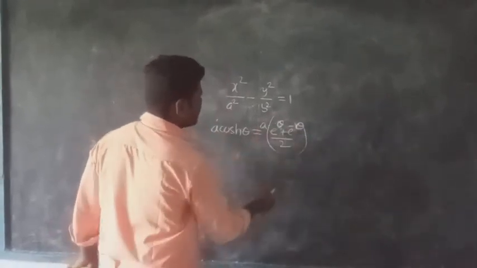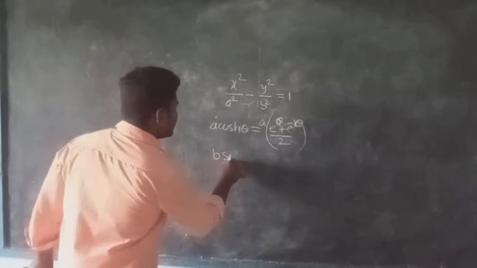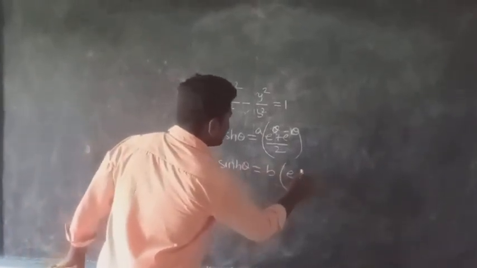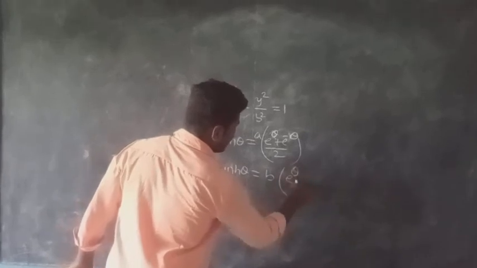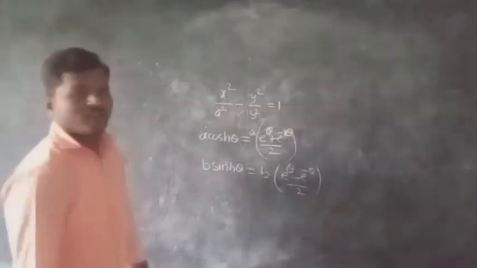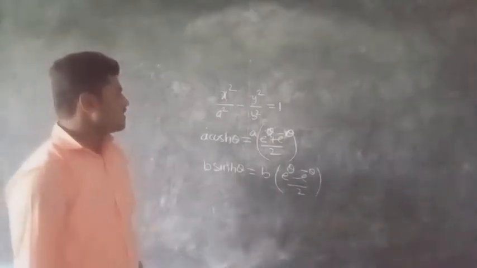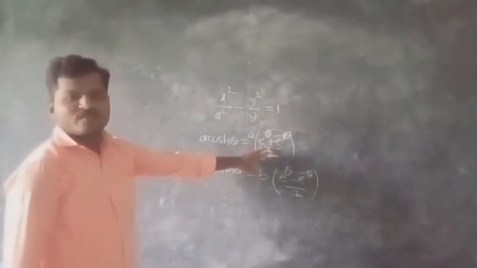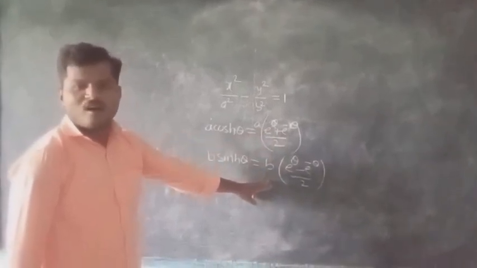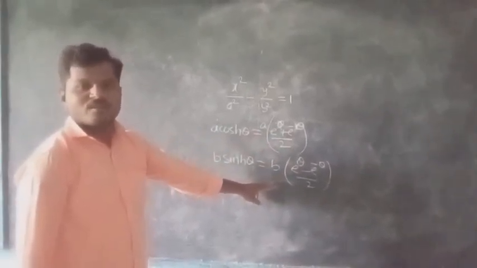Next, b sin h theta is equal to b into e power theta minus e power minus theta by 2. These are the form of the x coordinate, and this is the form of the y coordinate on the hyperbola.